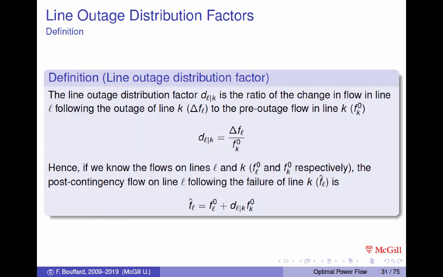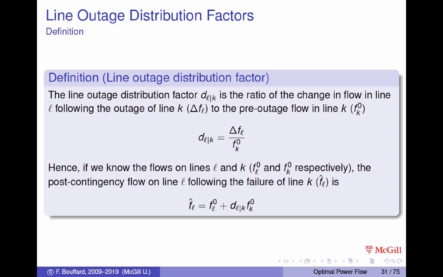Next comes what we call the line outage distribution factor. Why do we bother looking at line outage distribution factors? The observation is that every time we need to model an outage in a security constrained optimal power flow, we would need to recalculate the B prime matrix, and we need to recalculate the C matrix.